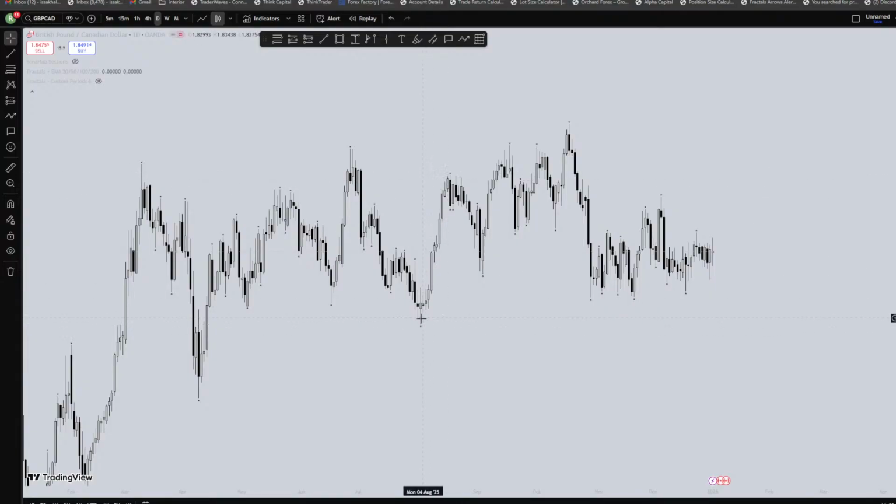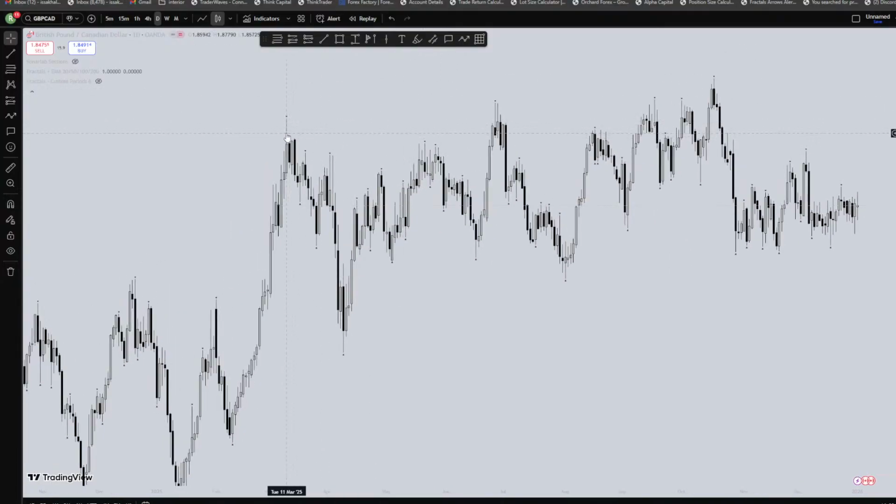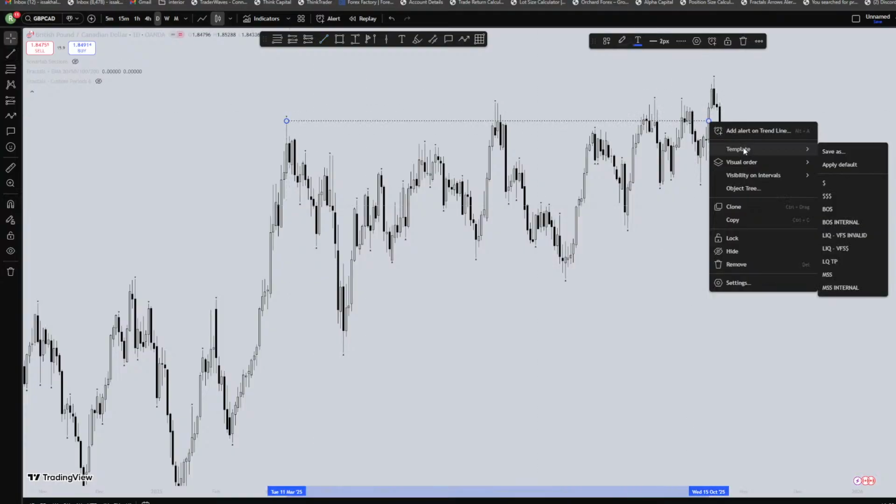So swing point, the low, this is the high, was never broken. Here the high was never broken, only broken here.